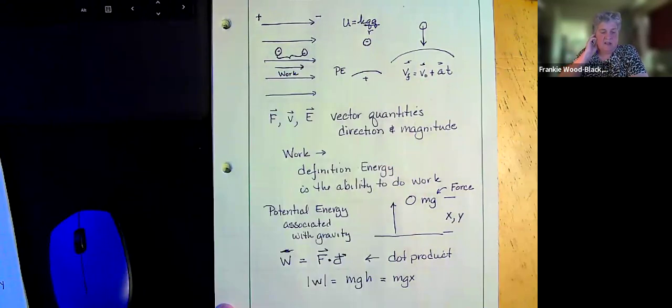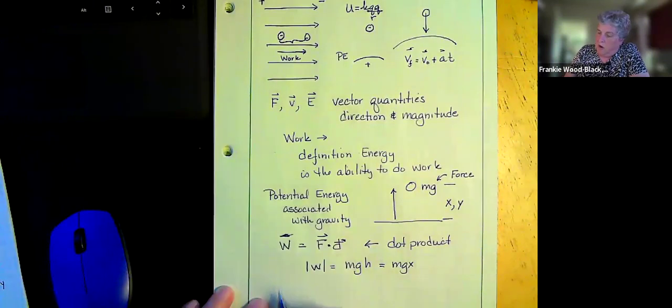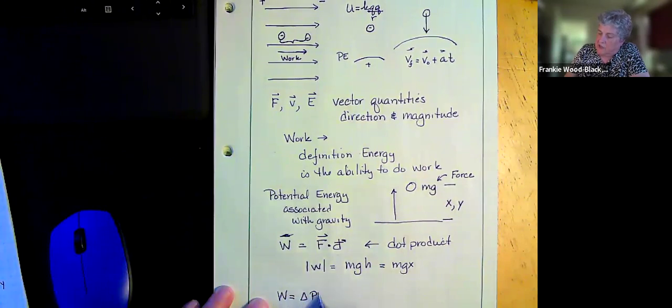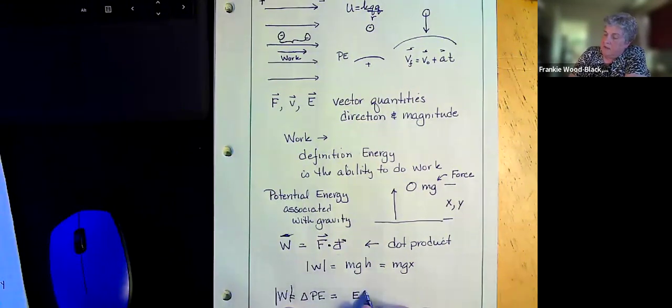And in this case, our work is going to equal our change in potential energy, and we're going to deal with the magnitude here.